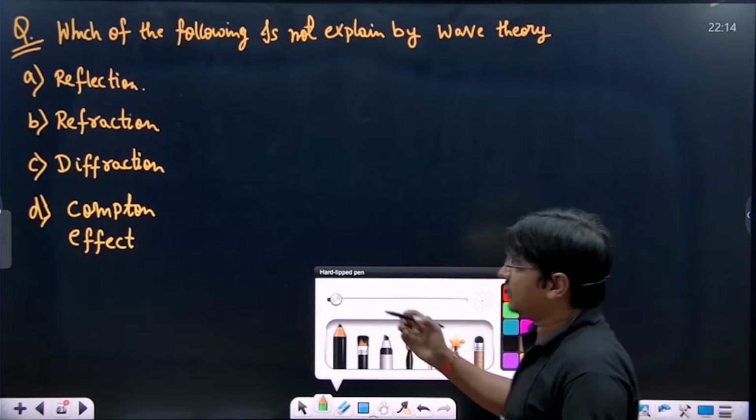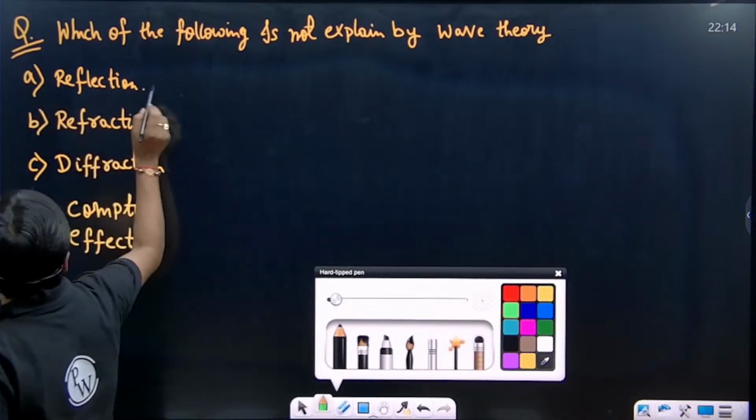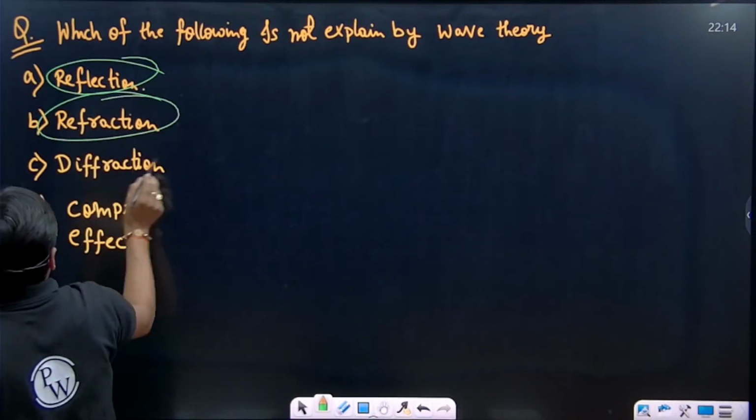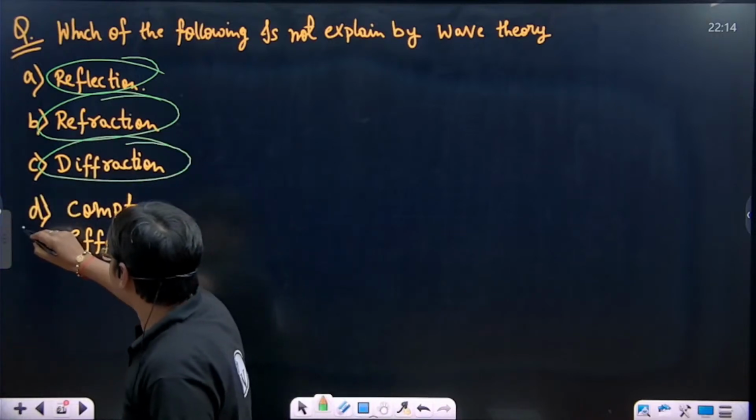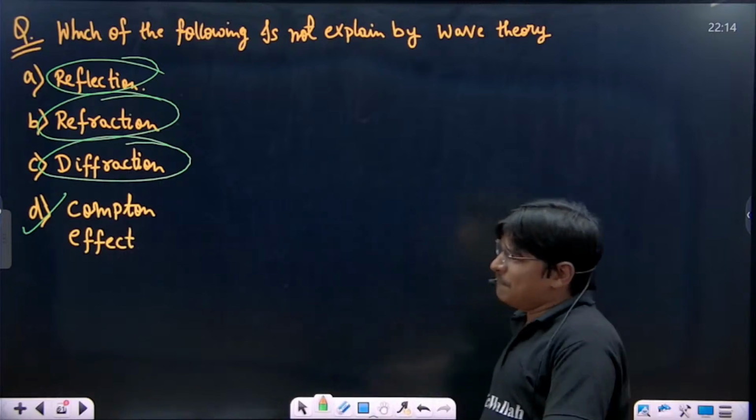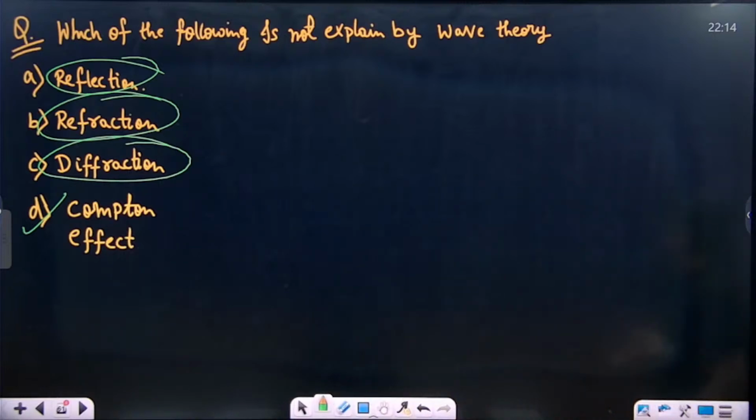So we know we can explain these three phenomena. The answer will be, of course, the Compton effect. It's a simple, direct question. No need to spend even a single minute. So let us move to the next question.